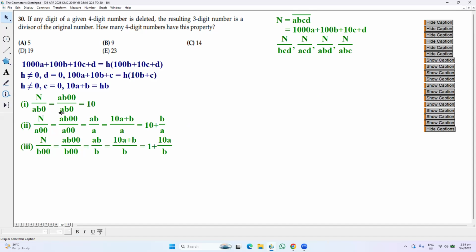If we delete the 0, then 1 0 left. Then we divide, it's 10. If we delete B, then we get A0, 0.